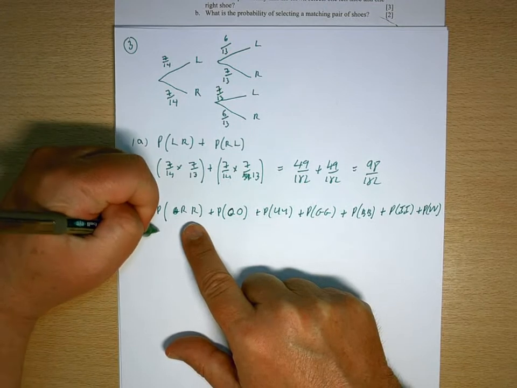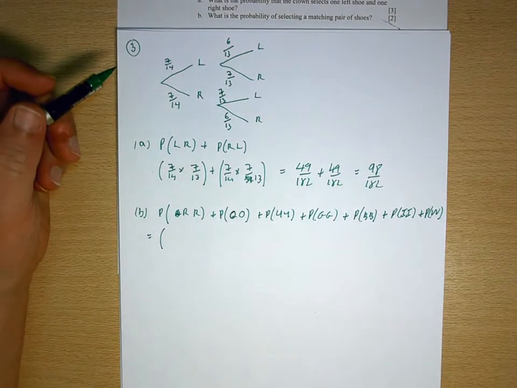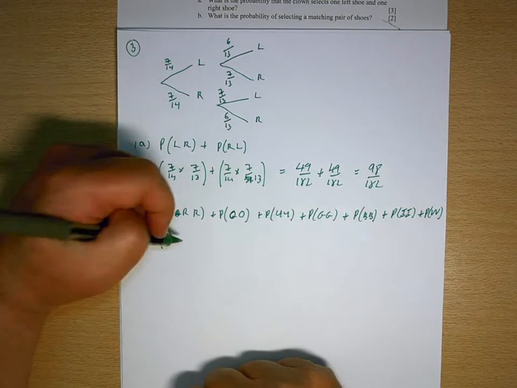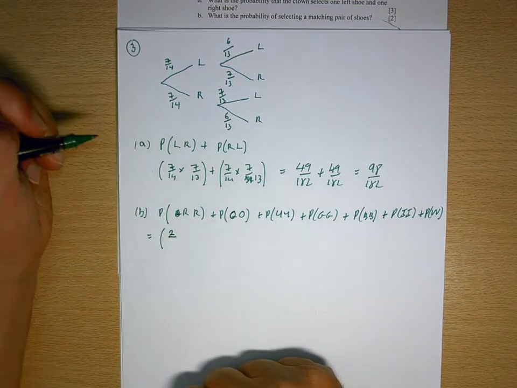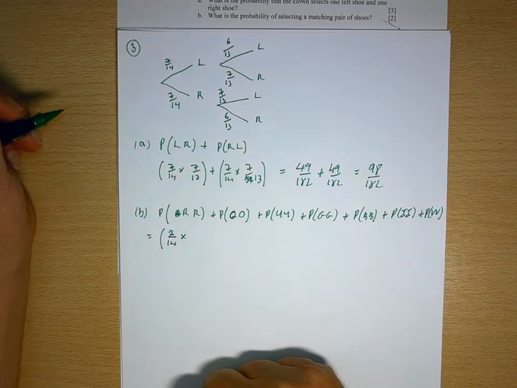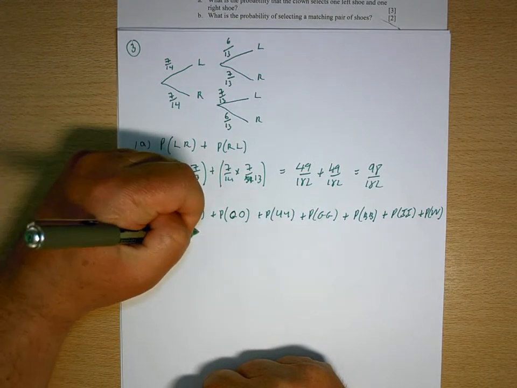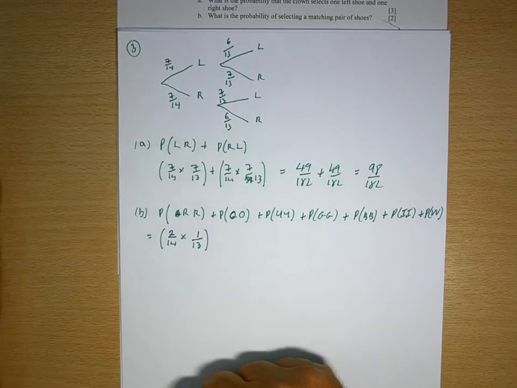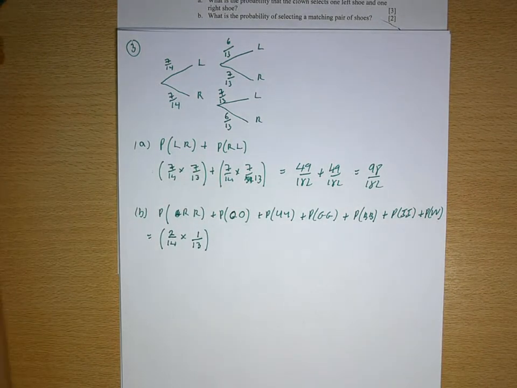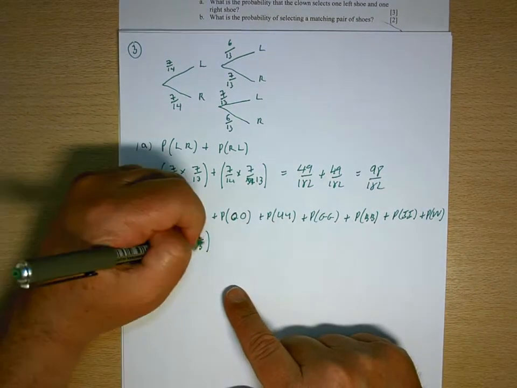And the probability of red and red, the probability that the first one is red will be 2 out of 14. And if that one has been selected, the probability of the second one, there'll be one fewer red in there, will be 1 out of 13. And that will be exactly the same for each of the other combinations.